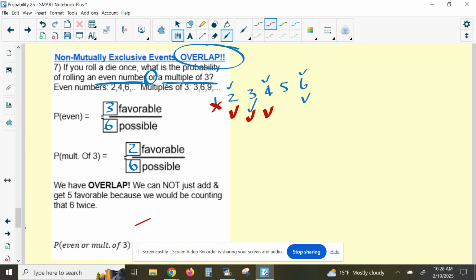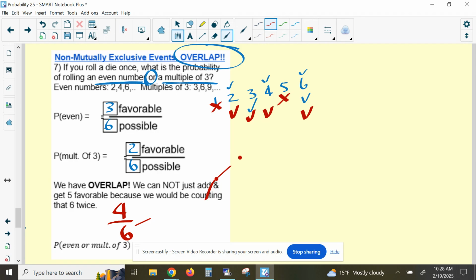Is 5 good? 6 good? Okay. So how many is that? So it's 4 out of 6. So I was not allowed to just add these and get 5 out of 6 because I have an overlap. The 6 is an overlap, and I want to make sure I don't count him twice. So all the time when you do these problems, double check and make sure you're not counting anybody twice.